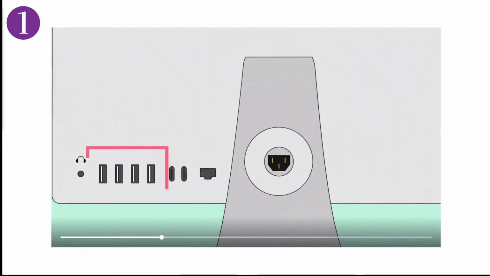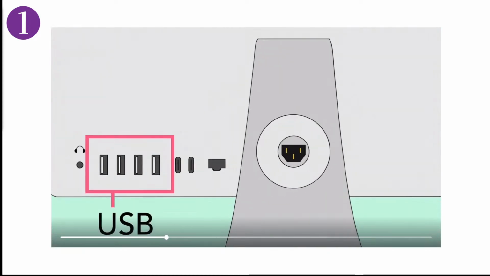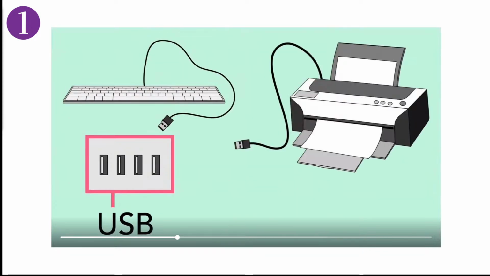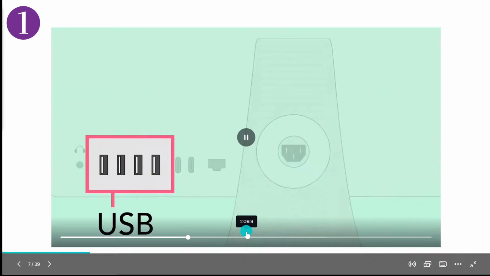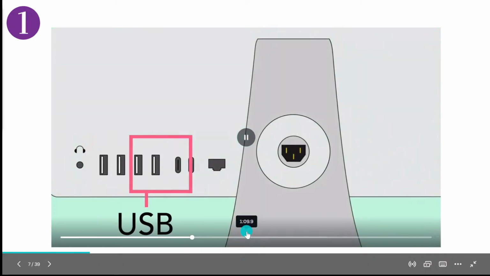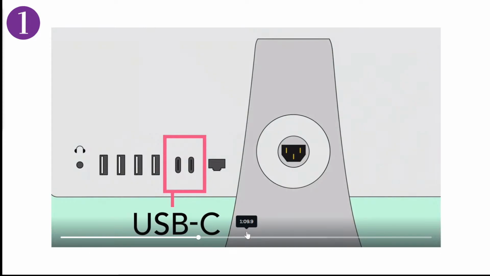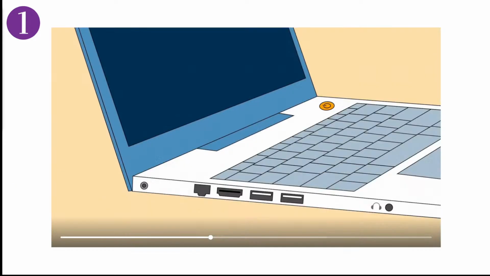Most computers provide more than one USB port, so you can plug in any device you might need. keyboards, printers, and USB drives are all common examples. Some computers even have USB-C ports, which can be used for many different things, not just plugging in devices. Laptops, for instance, often use the format for the charging port.